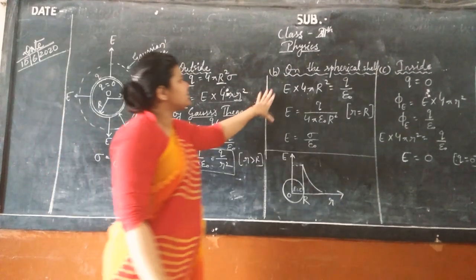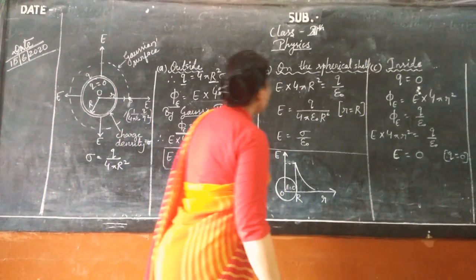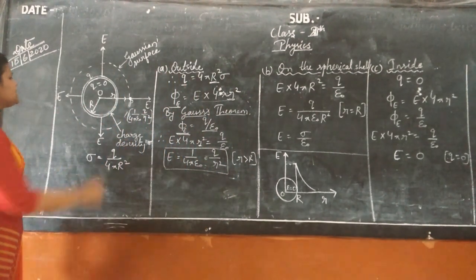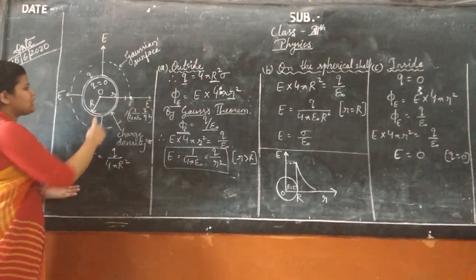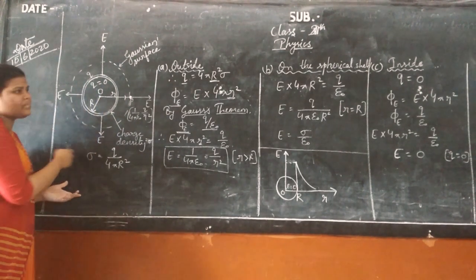Now second point, on the spherical shell. On the spherical shell, as we already know, the whole charge is distributed on the surface only.